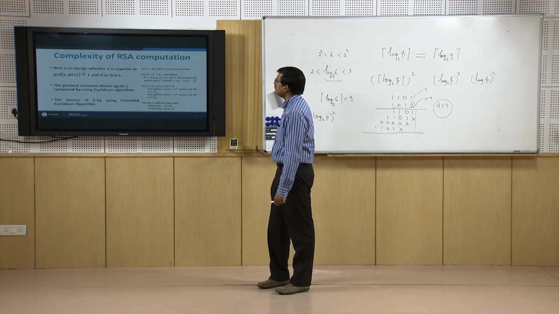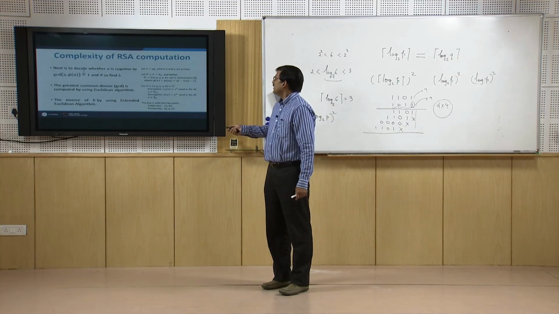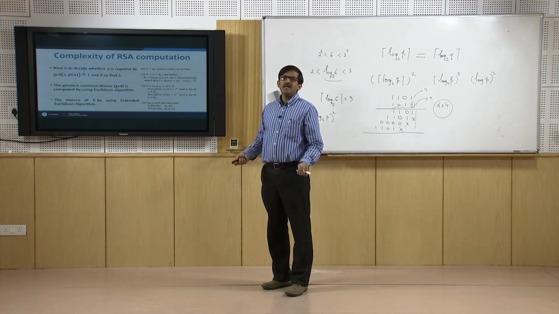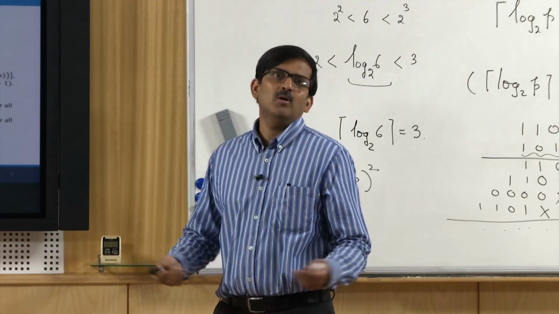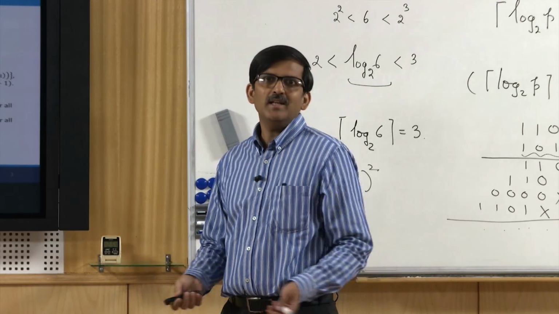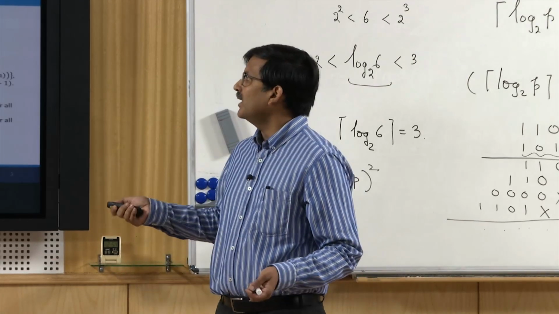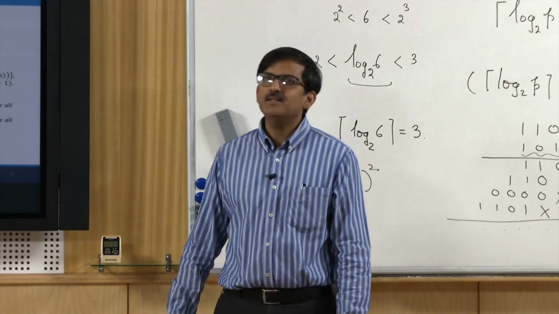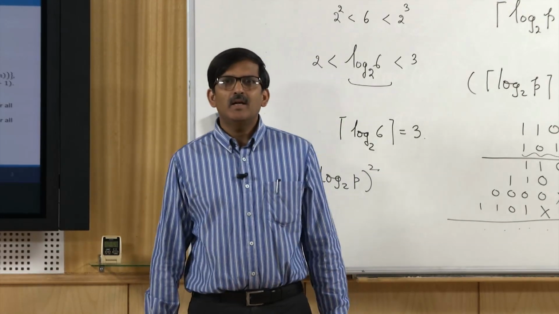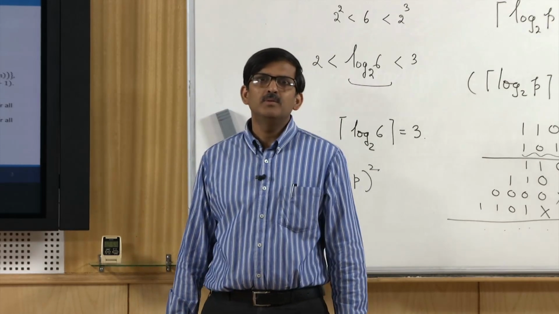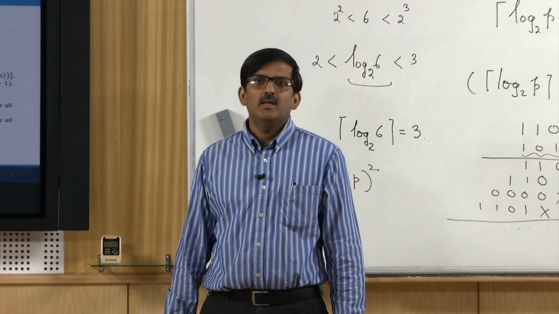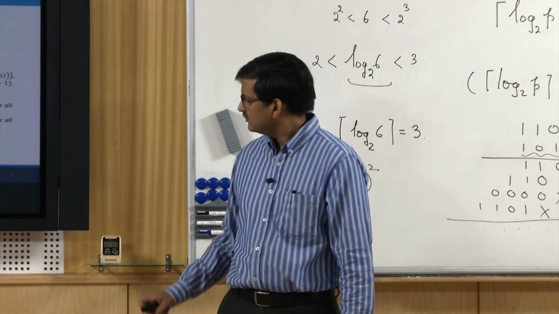I have to decide whether A is co-prime to phi n or B is co-prime to phi n. As I said, they are same, so I fix A. So, I want to decide whether A is co-prime to phi n, and to do that I have to compute the GCD of A and phi n.